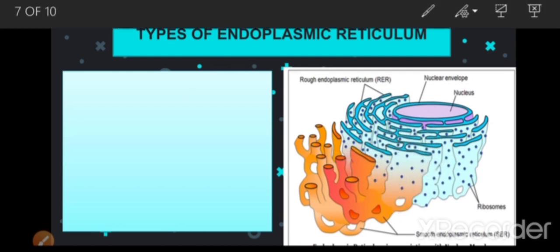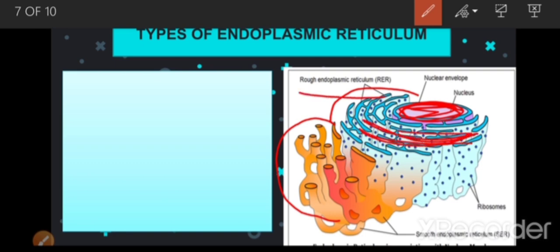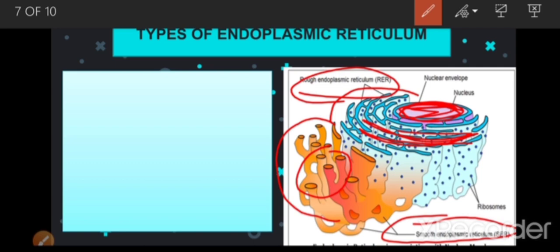Now let's discuss the types of endoplasmic reticulum. Have a look at this figure. It has two structures. This slightly purplish structure is the nucleus, and adjacent to the nucleus a light sky blue structure is present. It represents the rough endoplasmic reticulum, and this orange structure is the smooth endoplasmic reticulum.